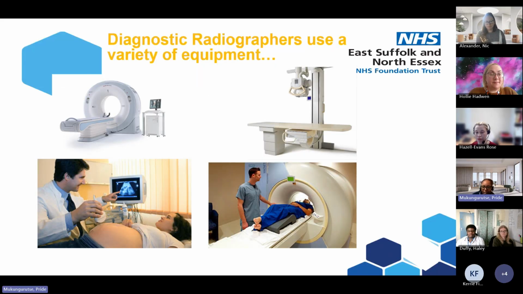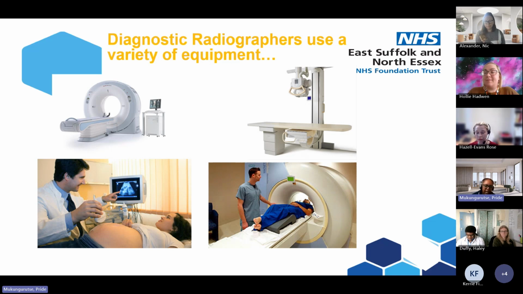Diagnostic radiographers use a variety of equipment. In the top left, this one is a CT scanner. We use X-rays, ultrasound, MRI, and the images on this slide are not limited to everything that we use. There are other ways that we image patients as well, but some of these ways are more specialized.